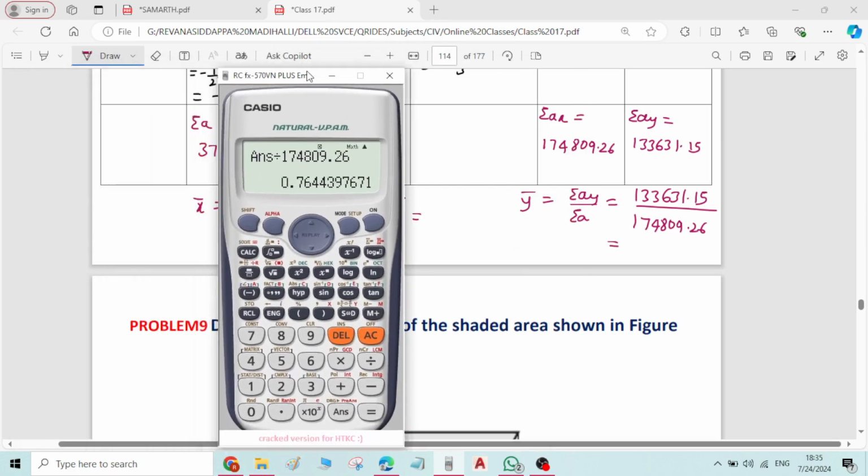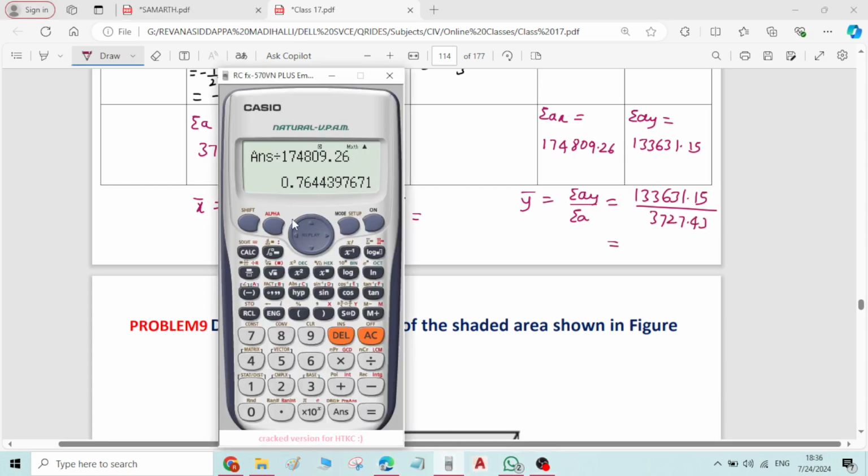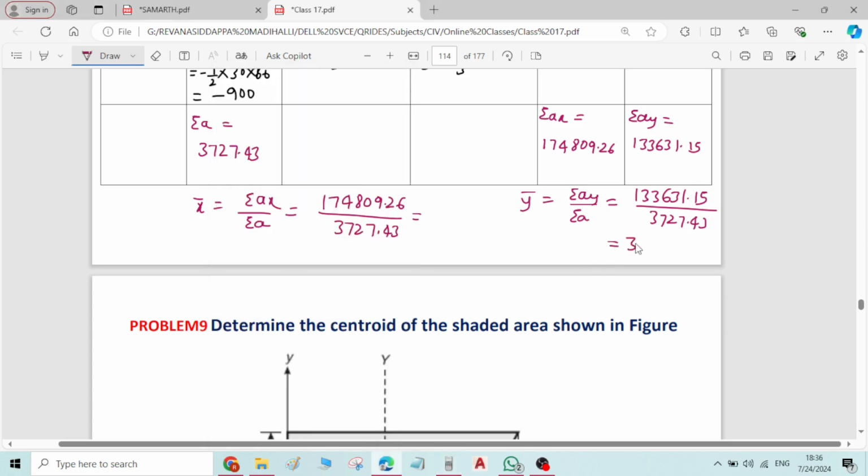Sorry, the area is different. It is 3727.43. Now let me calculate the y bar. 133,631.15 divided by 3727.43 is 35.85 millimeter.